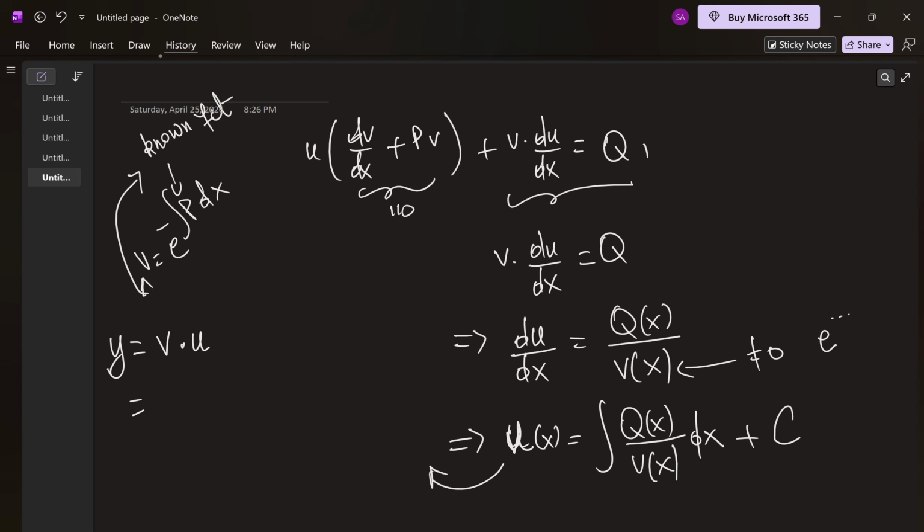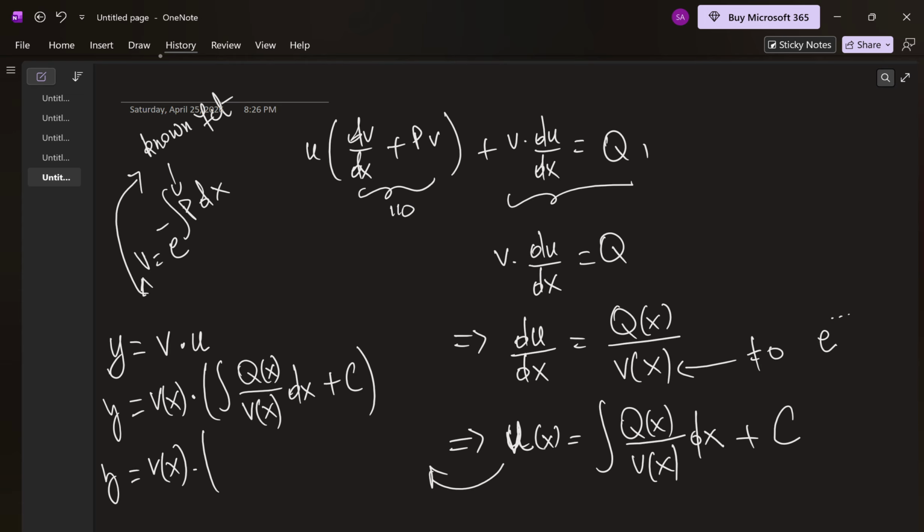So now it will become y is equal to v of x times the function u, which is the integral of q of x over v of x that we did, plus a constant c. Now the final solution will become v of x times the integral of q over v dx plus a constant c times the function v of x.